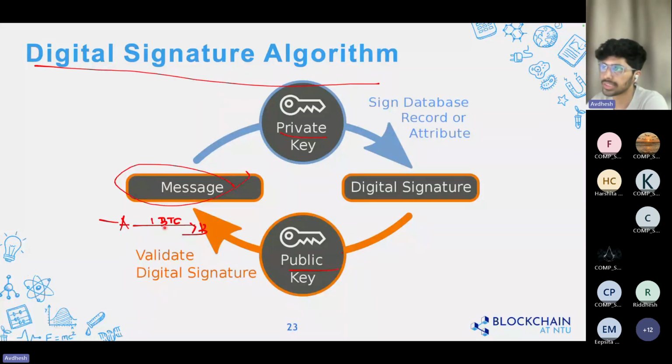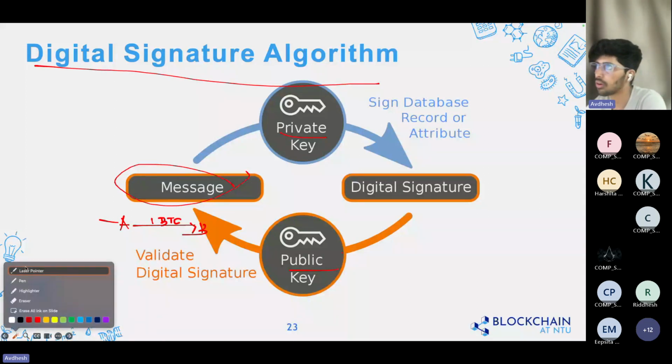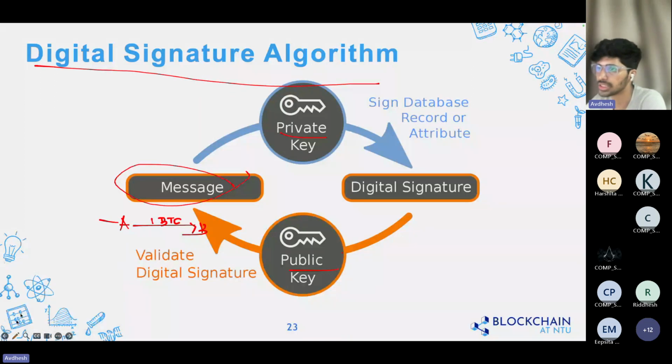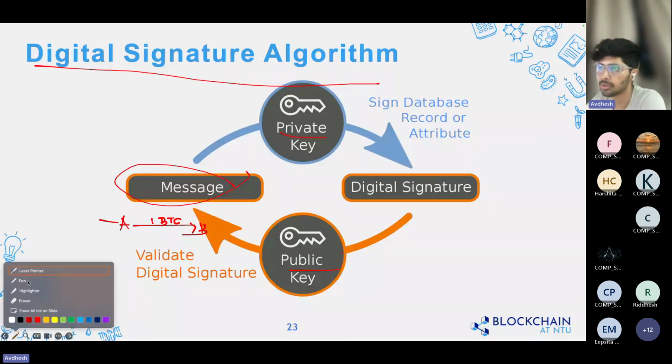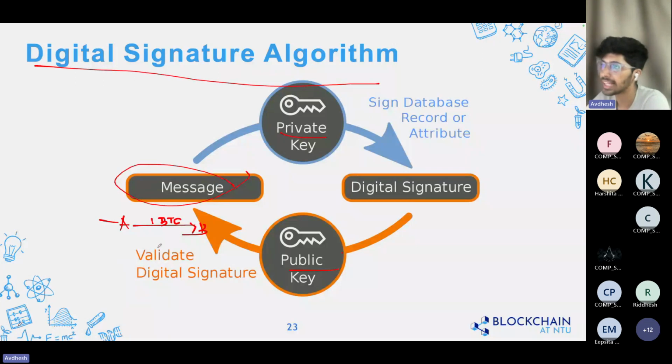So the message is that Alice is sending 1 Bitcoin to Bob, and they both will have their own public keys and private keys. With the digital signature algorithm, or in general with Bitcoin or cryptography, when you're dealing with digital assets, you generally have a private key and a public key.